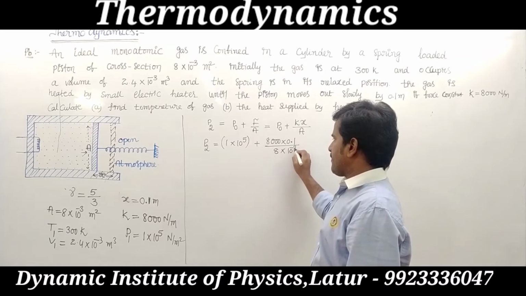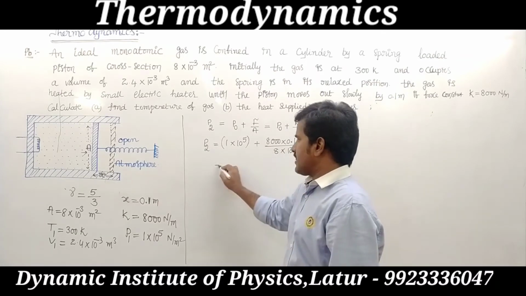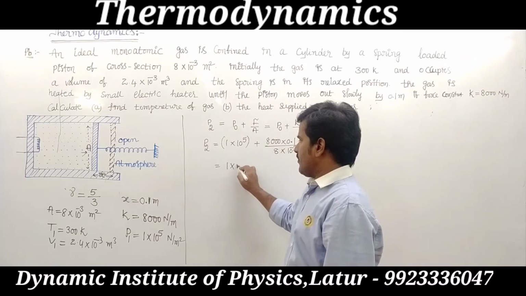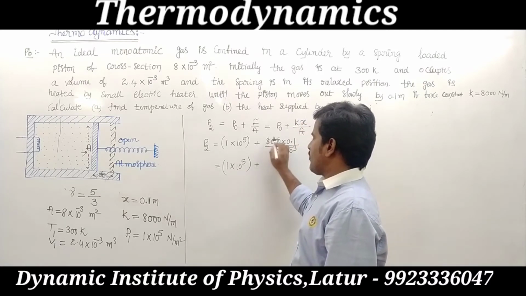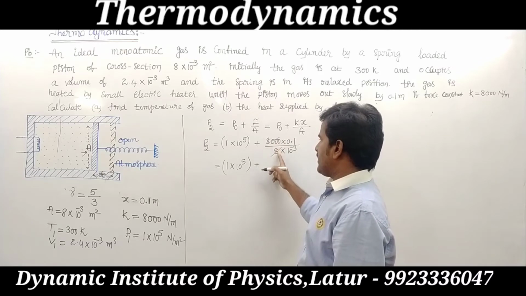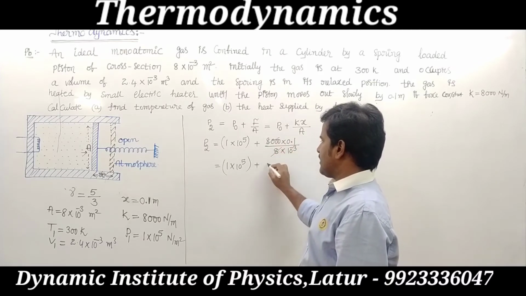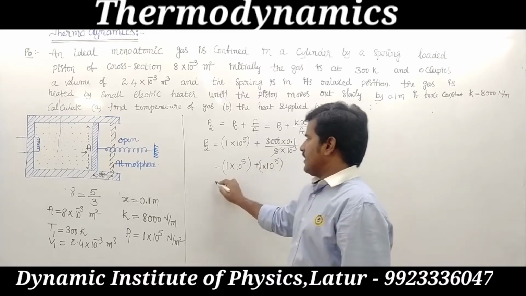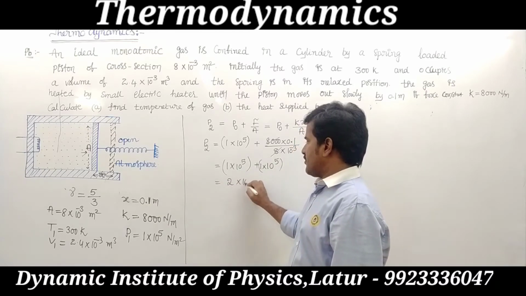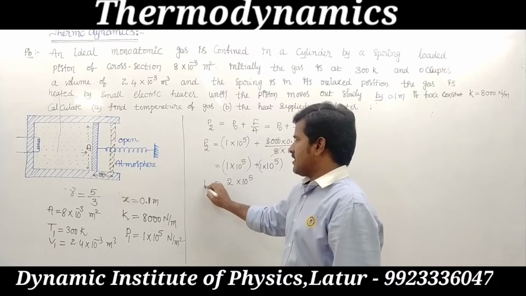That is 10 power 5 plus 1 into 10 power 5. The pressure becomes 2 into 10 power 5 Pascal. This is P2.